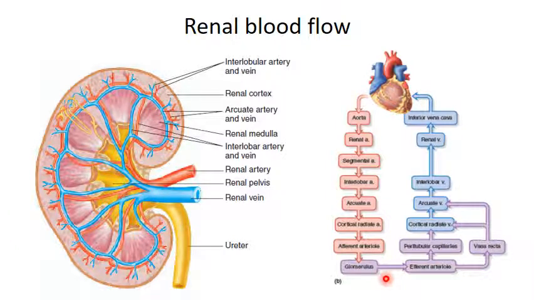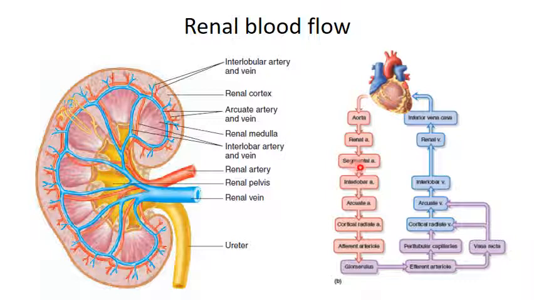So this diagram shows how the circulation of blood through the kidneys is completed. Whatever blood is pumped by the heart is the cardiac output. This blood enters the aorta, and the aorta gives off a branch called the renal artery, which is responsible for carrying blood to the kidneys.